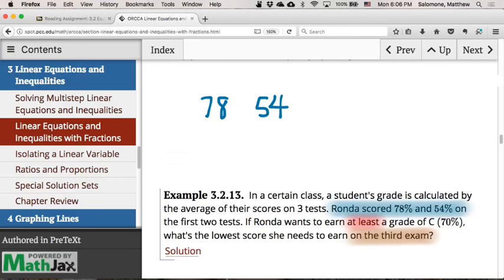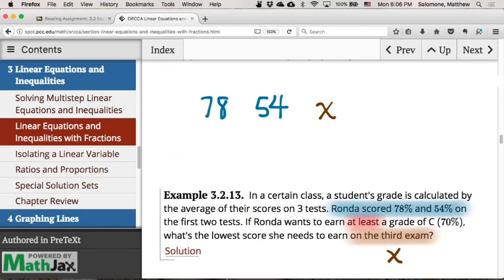What should we call it? X. Yeah, let's just call it X, right? It stands for a number whose value we don't know. We cannot know because this test hasn't happened yet, right? It's a quantity that exists only in the future. So we're going to call it X, and we're going to make that her third exam score.